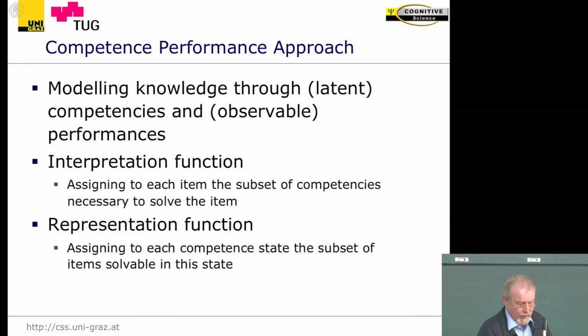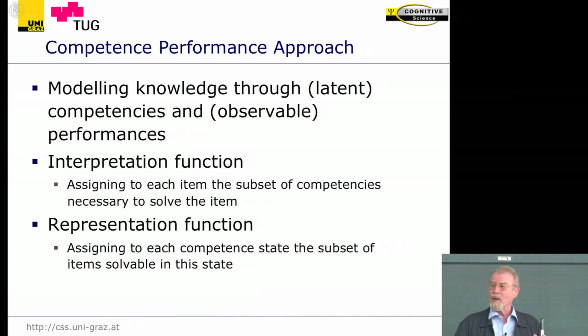And the general idea is that we want to model the knowledge through latent competencies in order to explain the observed performances. So we add competencies to the performances, to the problems.